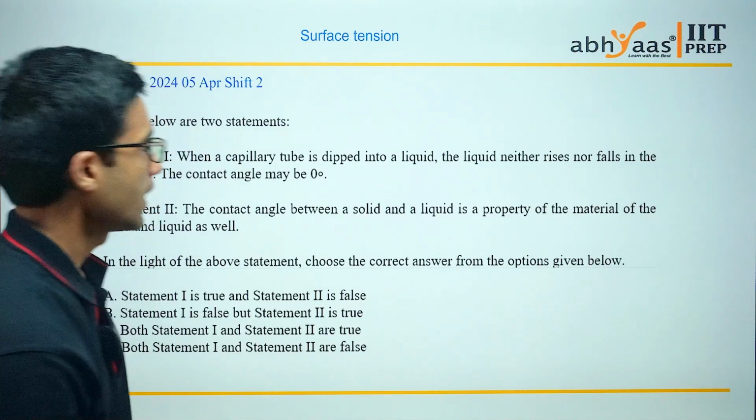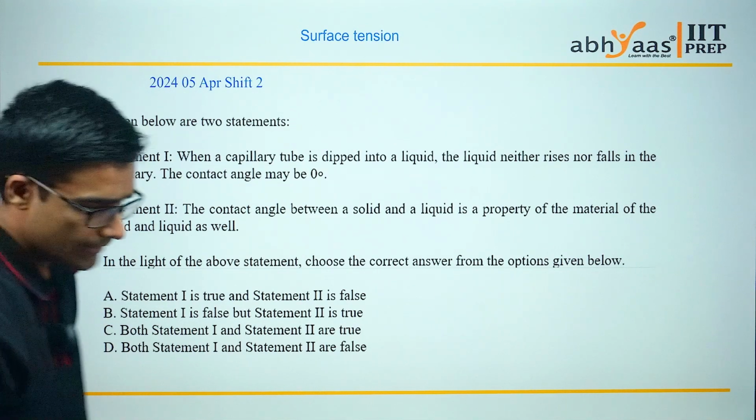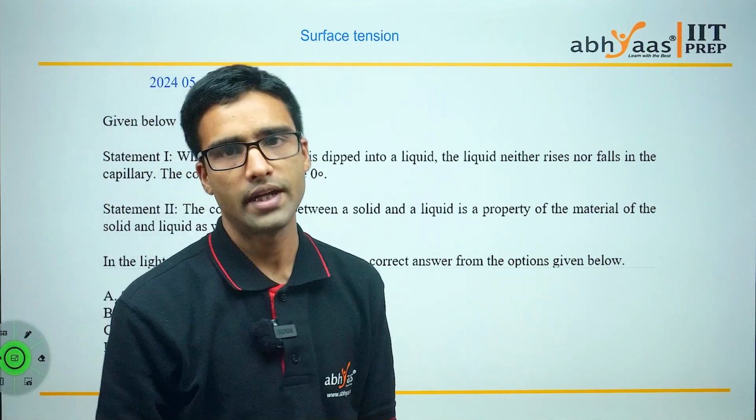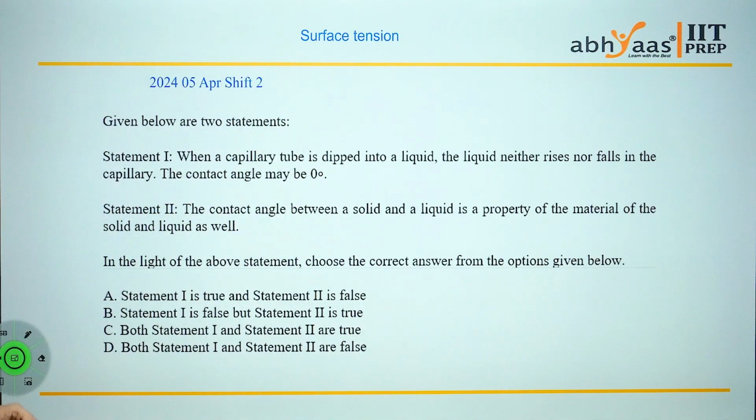Next question, contact angle is a property of material of solid and liquid. So capillary rise is due to cohesive force and adhesive forces. So attraction. After that, contact angle 0 means it may rise or not, you just check it.